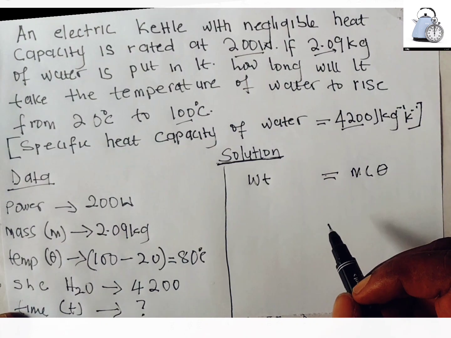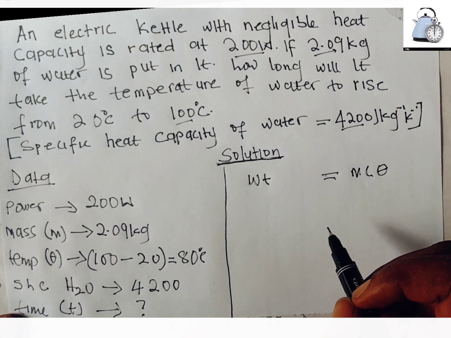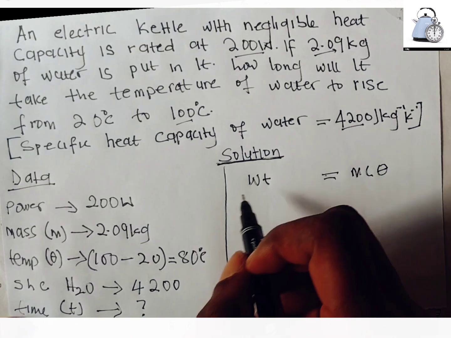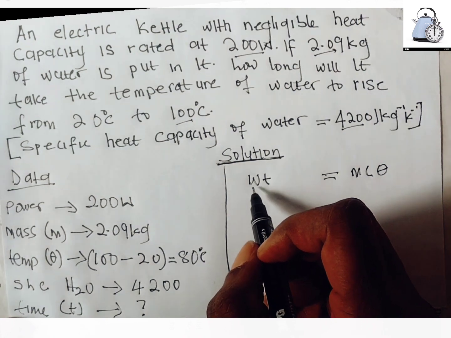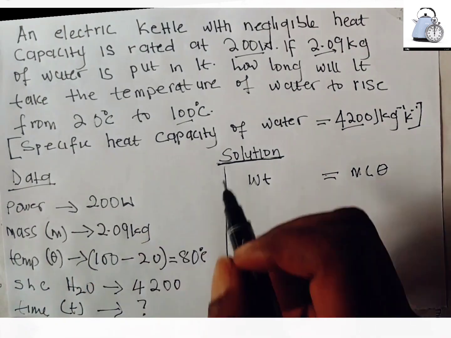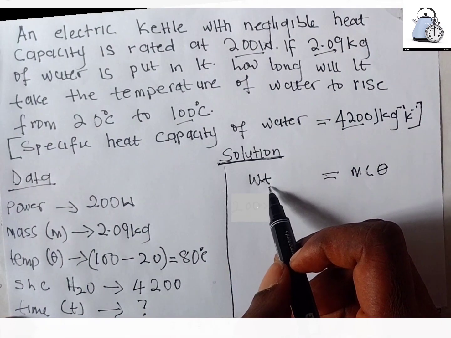Don't forget that you have different formulas for electric energy. The formula you choose depends on the quantity given to you. I choose power times time, because we are given power, which is 200 watts, and also asked to find time, which is represented by T.